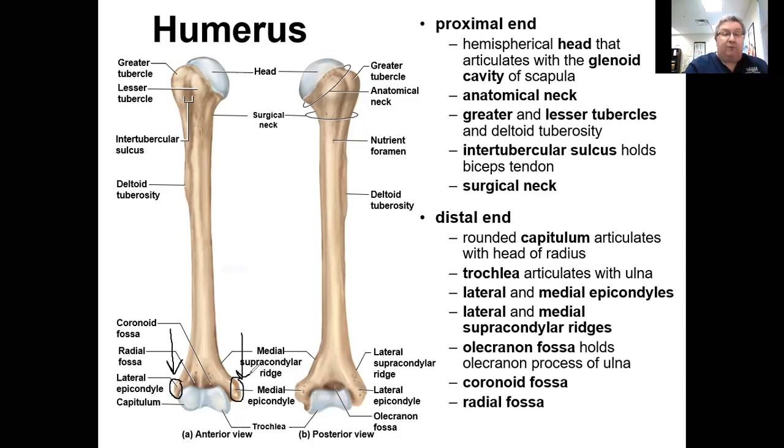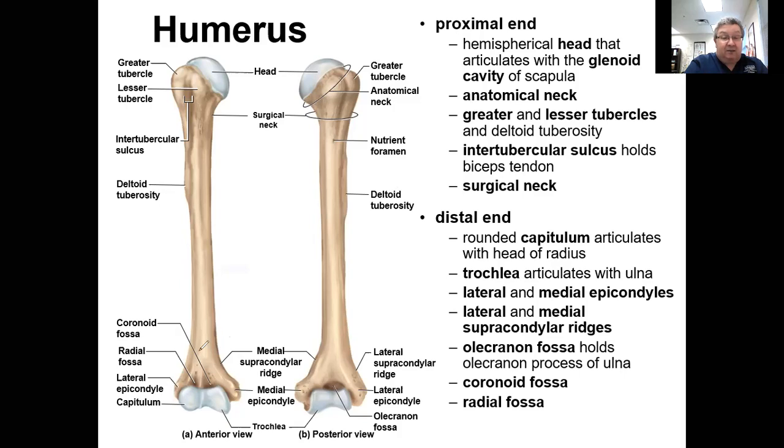These are very, very important areas. The medial epicondyle is actually the origin point for many of the wrist and finger flexors, where the lateral epicondyle is the area where the extensors come off of, the majority of them. So you need to know the medial and lateral epicondyles of the humerus. Remember, they're on the humerus.